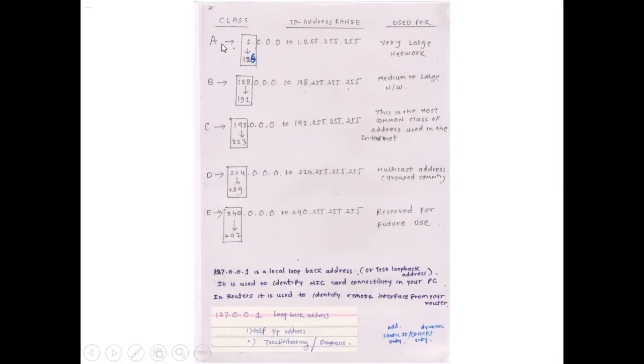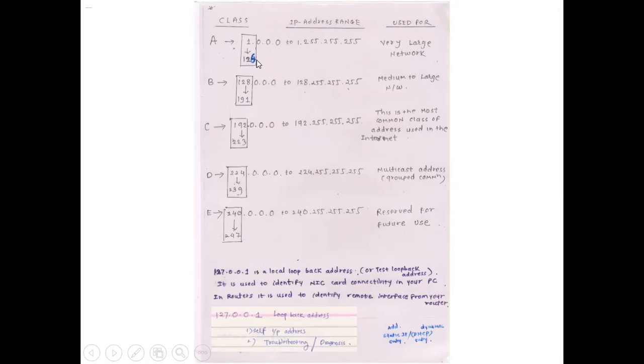If it is a class A IP address, then the range is 1.0.0.0 to 1.255.255.255, where the first octet changes from 1 to 126. So it may be 1, 2, 3, 4, up to 126. If the first octet value is from 1 to 126, such a network is known as a class A network or class A IP address network.